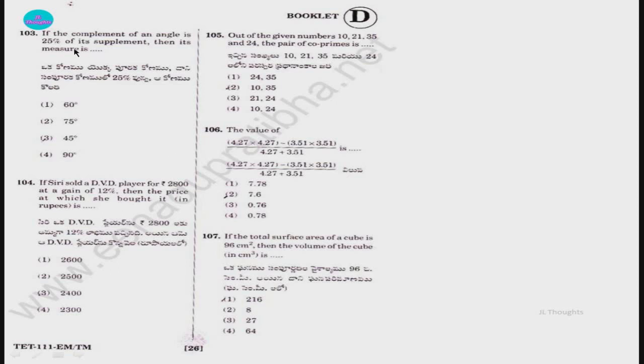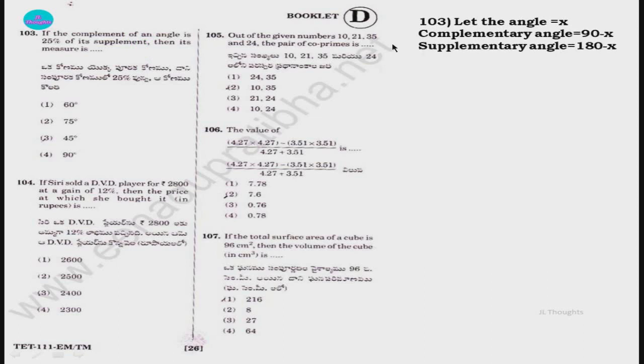Next, 103. If the complement of an angle is 25% of its supplement, then the measure is. We all know that, let the angle be x. Complementary angle means 90 minus x. Supplementary angle means 180 minus x. And what is given for us? Complementary angle is 25% of its supplementary angle.